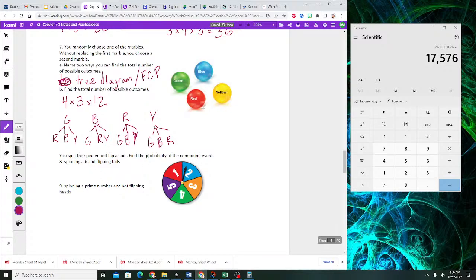You spin the spinner and flip a coin, find the probability of the compound event. Spinning a 6, well, there are no 6s on here, so the probability of that is 0. Spinning a prime number and not flipping heads: there are 3 prime numbers out of the 5, and the probability of getting tails is 1 out of 2.